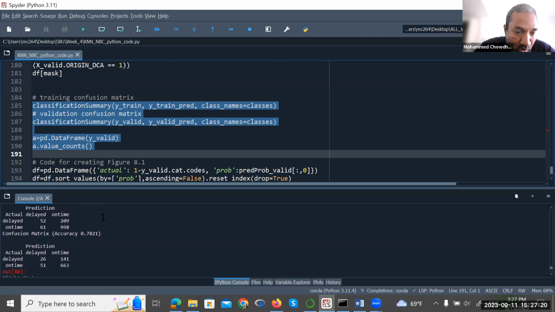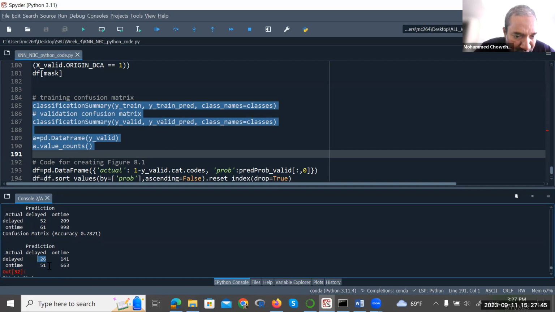And then we got on time, delayed, and this is the correct classification. So we are predicting 26 and got these, but this is a misclassification. It is written here on time, but actually it is delayed.